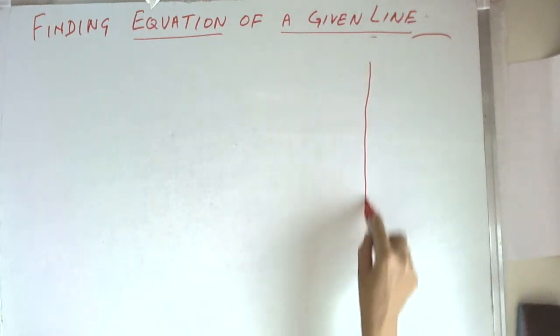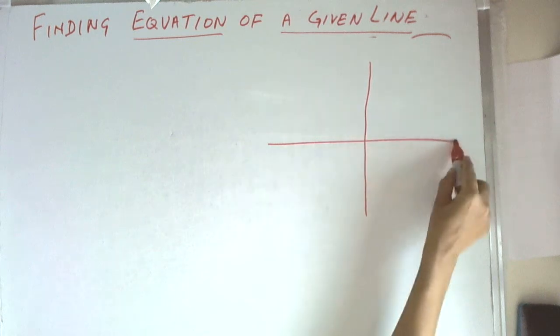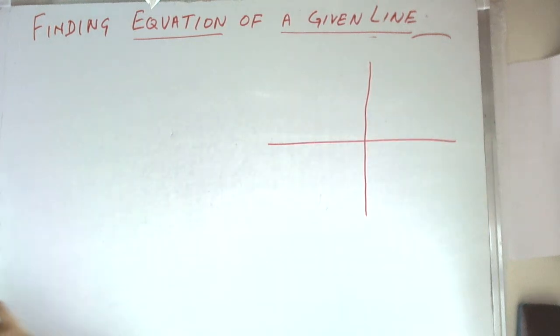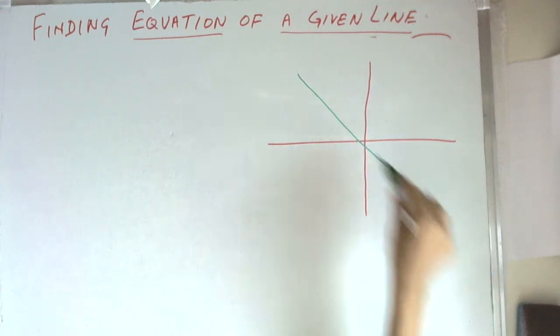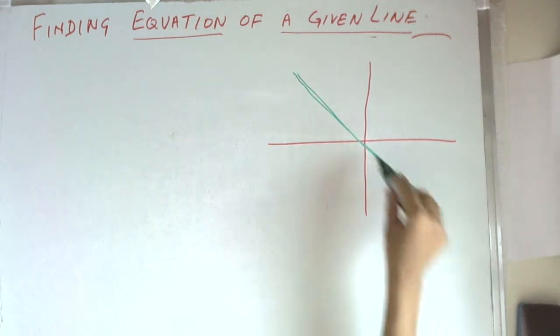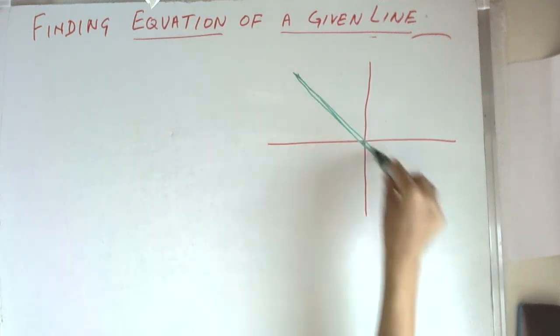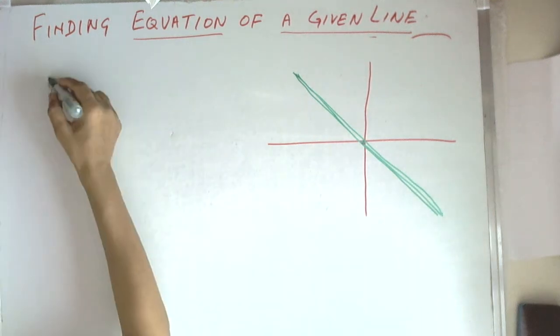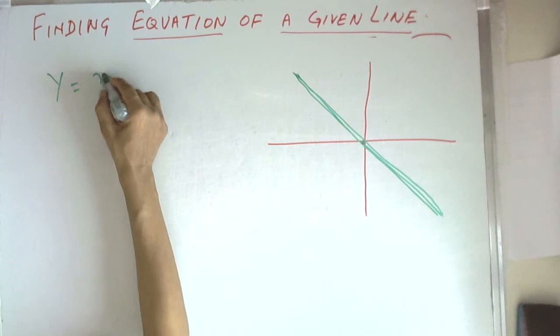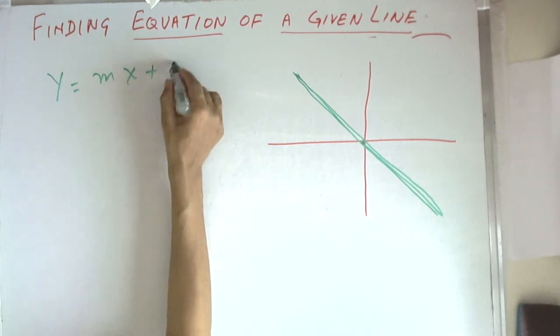And let us see now a different line which is like this, which is passing through the origin like this. So we have y equal to mx plus c.